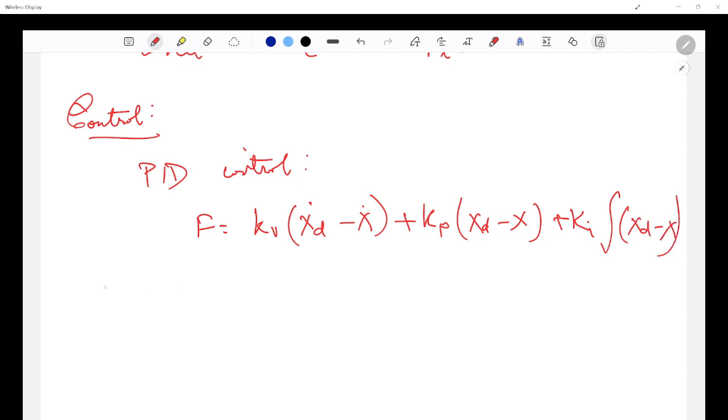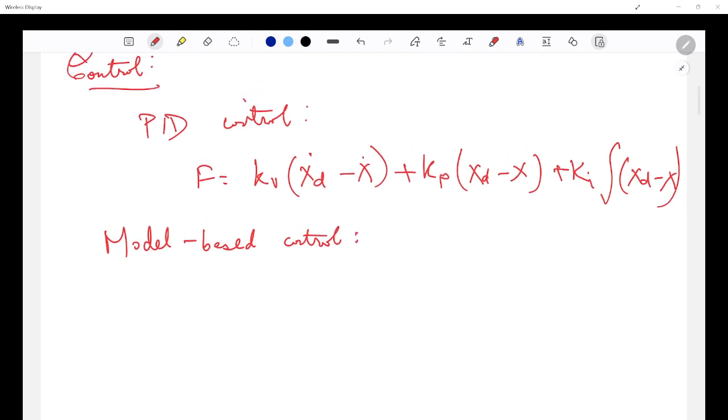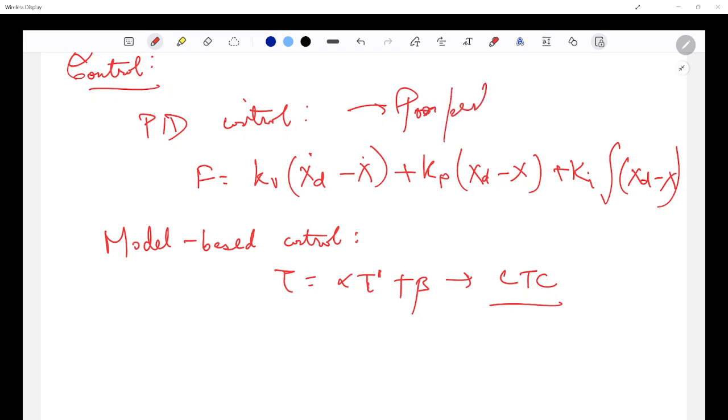If we go for model based control, it is torque is alpha tau dash plus beta. We saw this when we were studying computed torque control. So PID gives poor performance usually, and we have also seen in the lecture model based is better but slip sensitive.